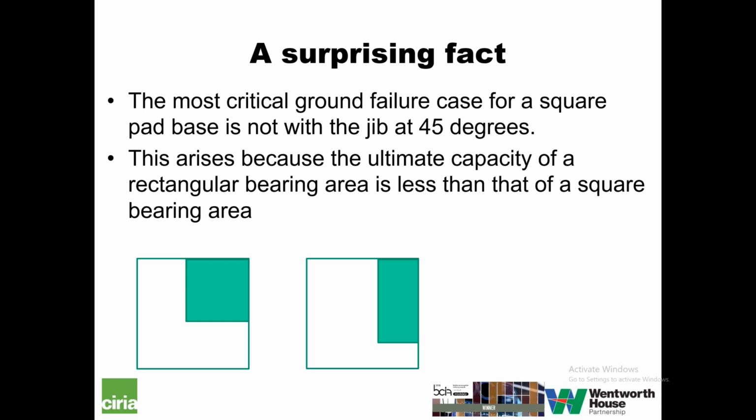And that occurs because the capacity of a rectangular bearing area is less than that of a square bearing area. So despite the fact that the area is slightly larger, its capacity is less, and the net result is less than a square base. We don't have enough experience yet to see how much of an issue that is, but from what I've done, it seems to be 5 to 7%.